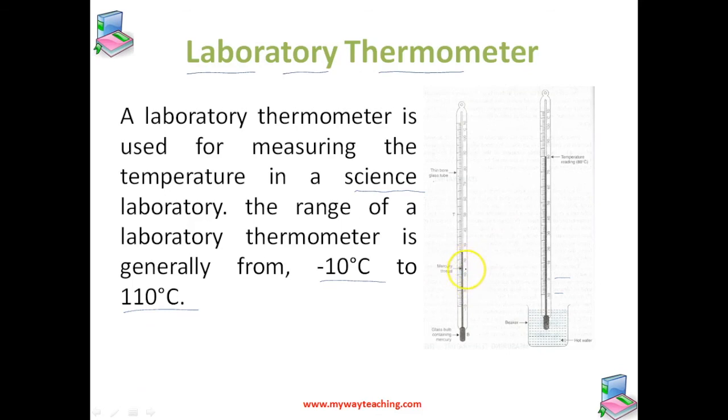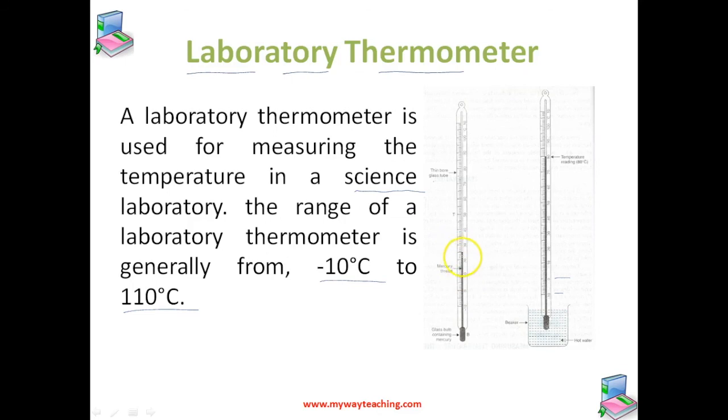And you can see here a thin silver line, isn't it? This is the mercury in the narrow glass tube of the thermometer. The upper end of this mercury thread tells us the temperature of the object in which the thermometer bulb is placed. The upper end, up to which it rises, tells us the temperature of that particular object.